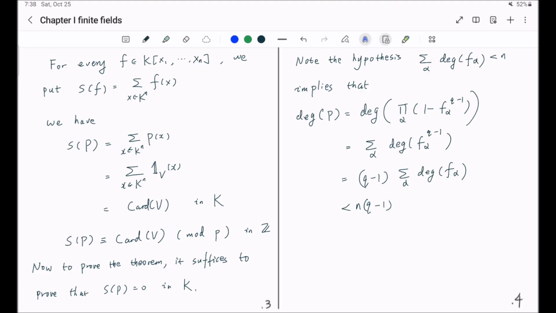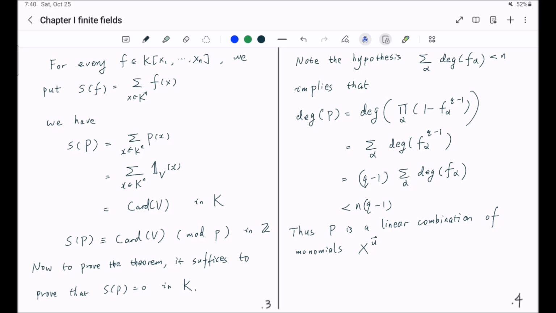What does this mean? If you recall the definition for P, by definition P is a product of 1 minus f alpha to the q minus 1s. And you can distribute this product and see that P is a linear combination of monomials in the form x to u.